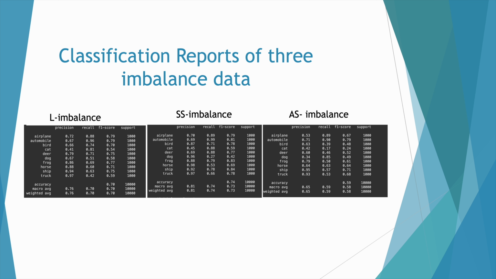In AS imbalance, the performance dropped significantly and the accuracy is just 59%, and the F1 scores are lower for most classes. As we can see, in AS imbalance, the cat F1 score dropped to 0.24 compared to 0.59 in SS imbalance and 0.54 in LT imbalance, showing the extreme effect of heavy imbalance.